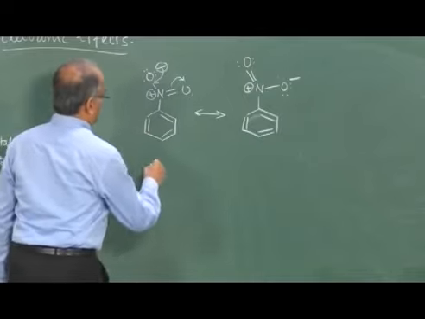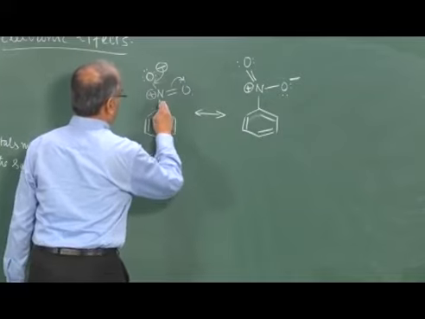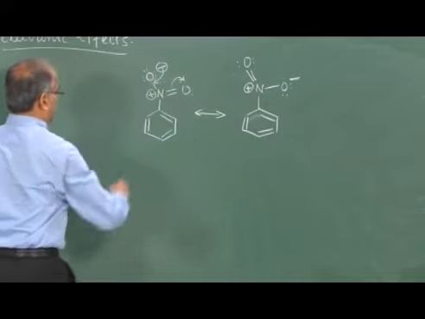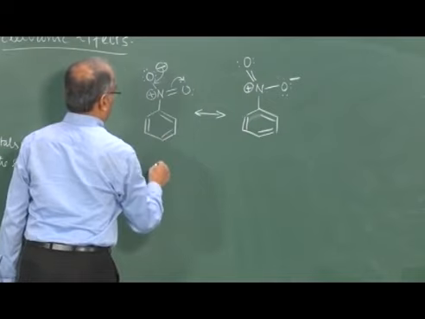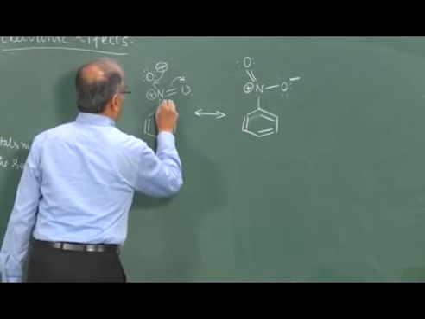One can also, for example, because of the electron withdrawing nature of the nitro functional group, delocalize the pi electron from the aromatic ring onto the nitro functional group. This can also be done.